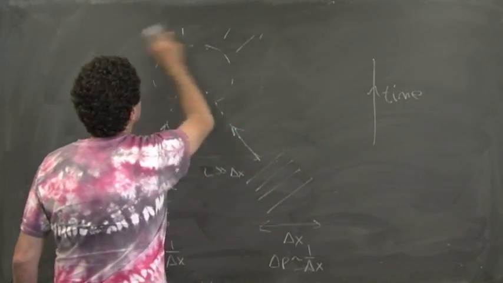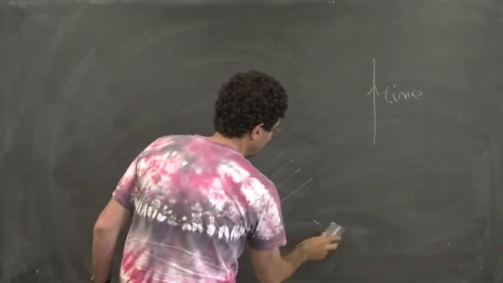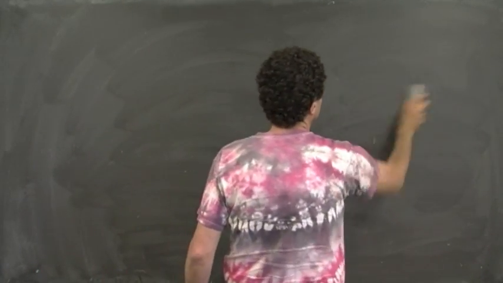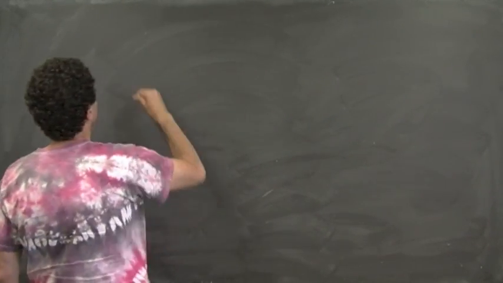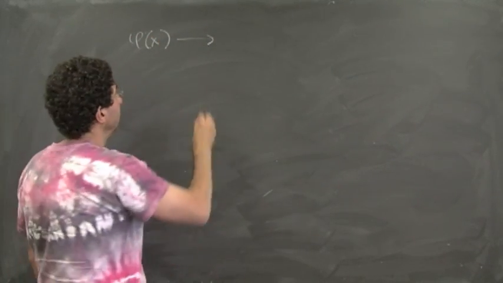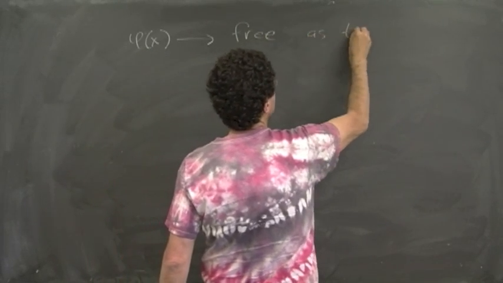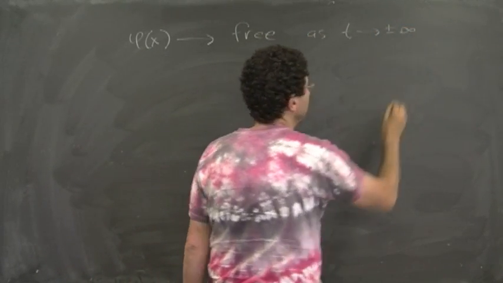And so we're going to assert that our Heisenberg fields, phi of x, become free fields as time goes to plus and minus infinity.